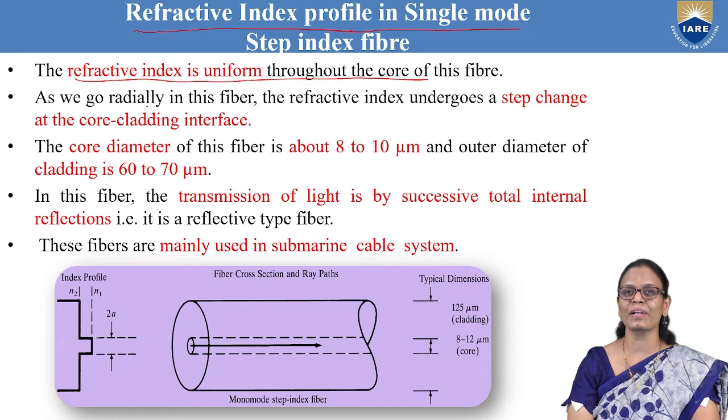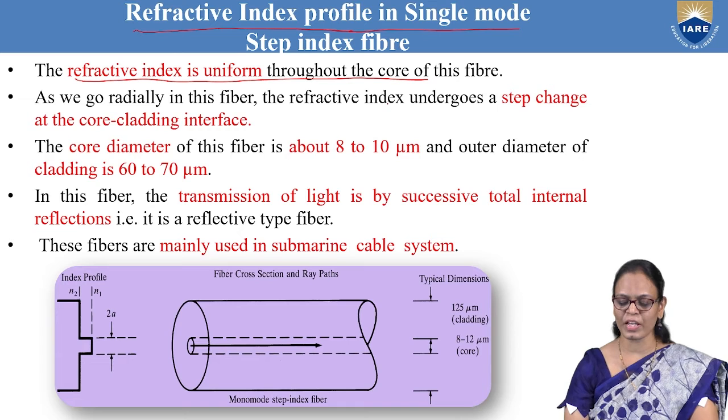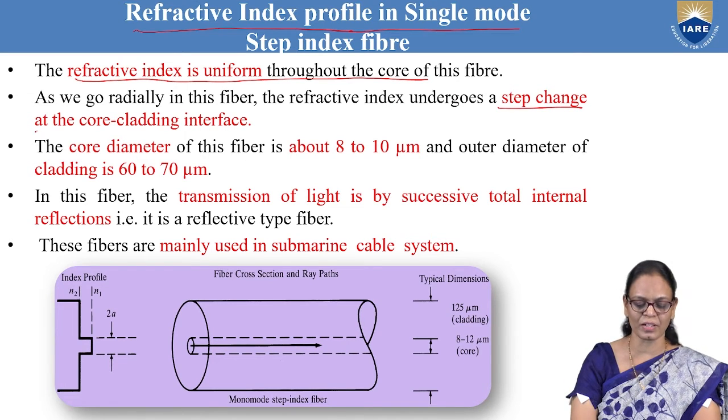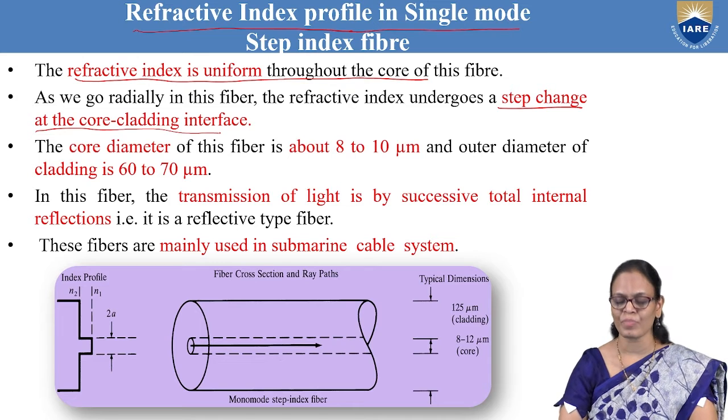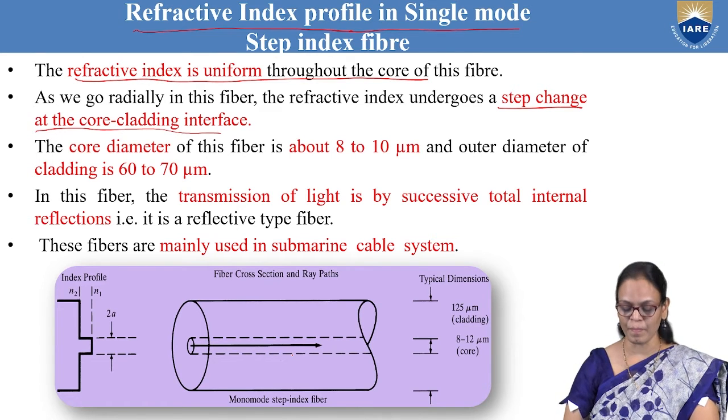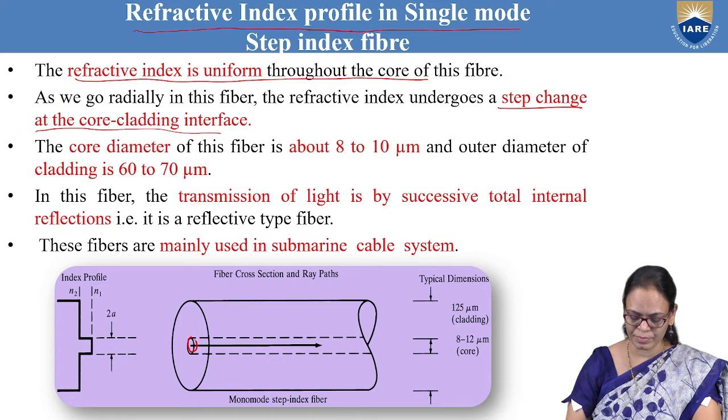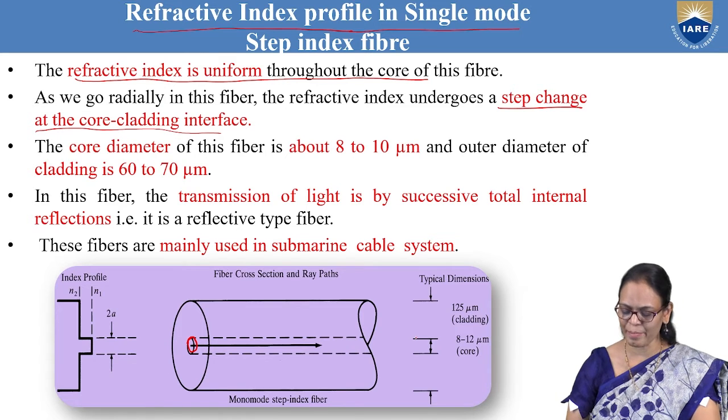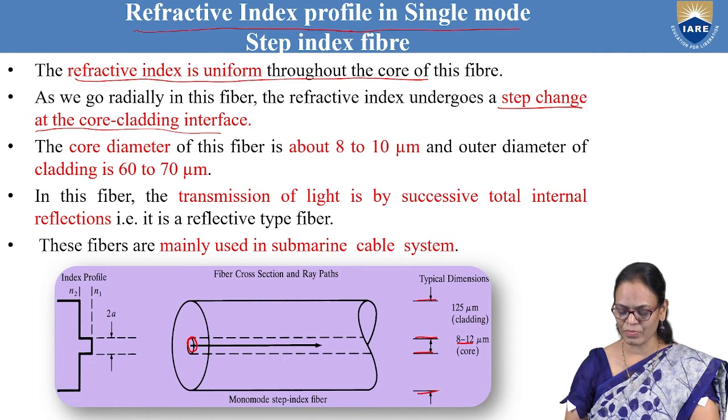As we go radially in this fiber, the refractive index undergoes a step change at the core cladding interface. You see in this diagram, this is the core, whose diameter is in the range of 8 to 12 micrometer, and this is the diameter of the cladding, 125 micrometer. So you have a core surrounded by a cladding.